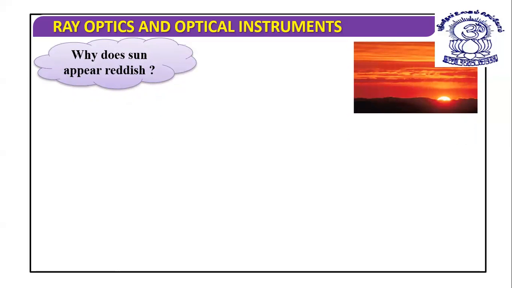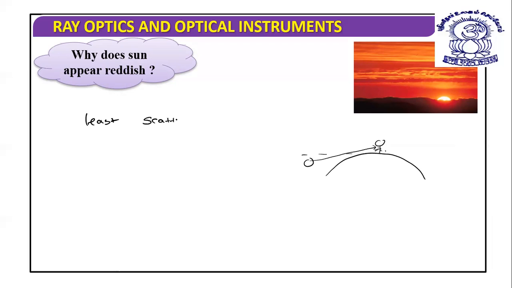In the same way, what is the reason behind the reddish color of sun during sunrise and sunset? At sunrise and sunset, the sunlight has to pass through a larger distance in atmosphere because sun is near the horizon. If this is the observer, light has to pass through larger distance in the atmosphere. So mostly blue color and other shorter wavelength colors are scattered. So the least scattered light will reach the observer.